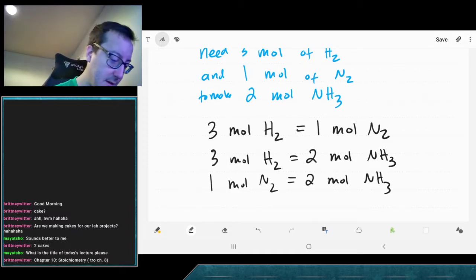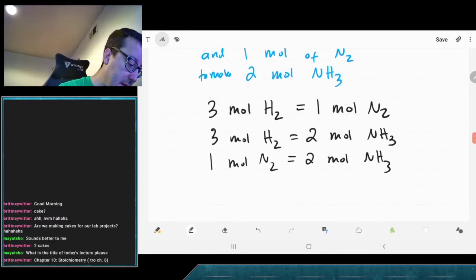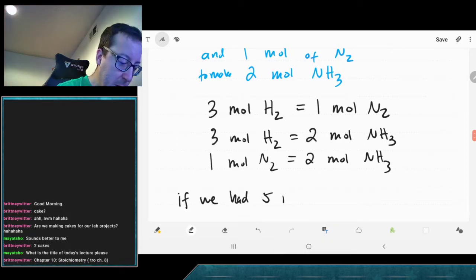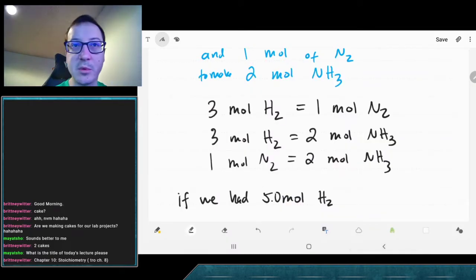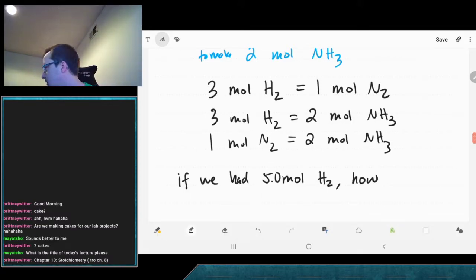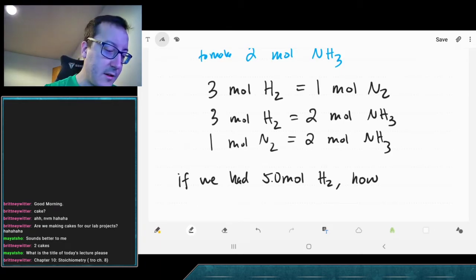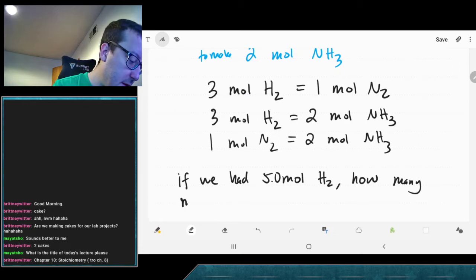Perfect, Brittany, yes. So this tells us if we had 5 moles of hydrogen, let's say 5.0 just to put some sig figs in there, how many moles of... oh goodness, Kaladin, what are you doing in here? You're too crazy to be in here during class time. So if we had 5 moles of hydrogen, how many moles?